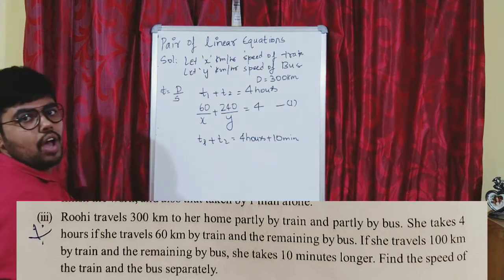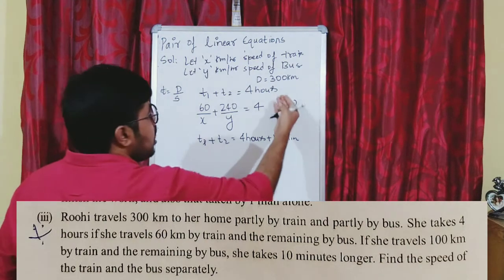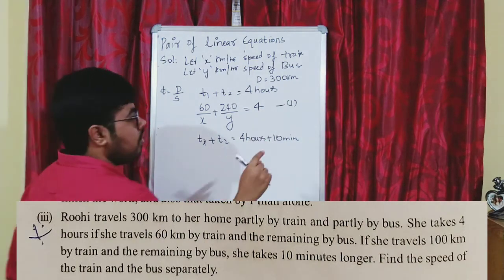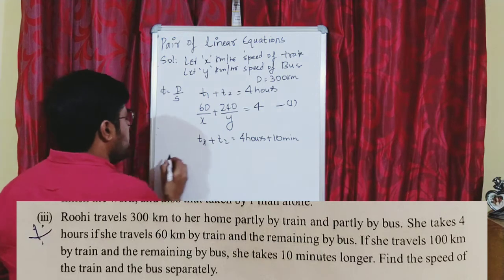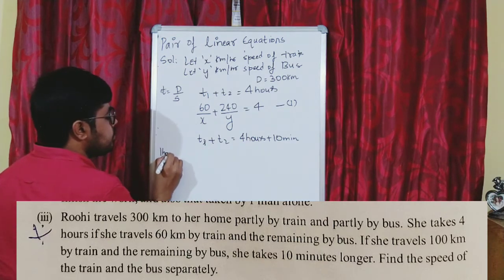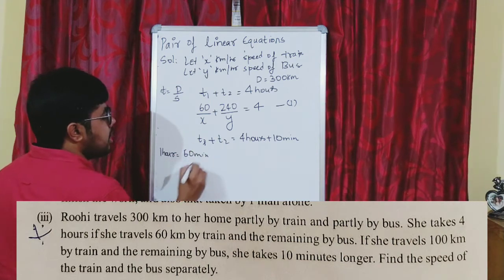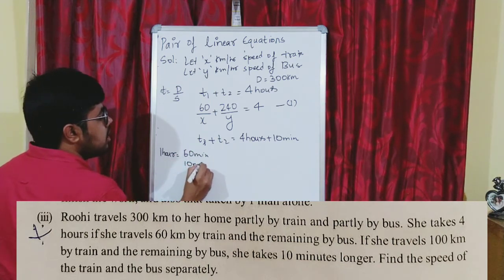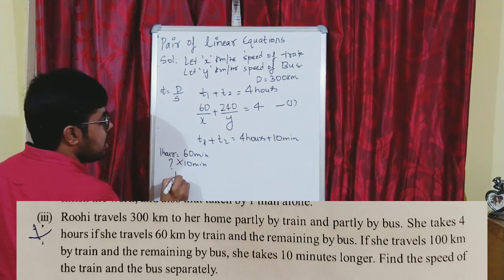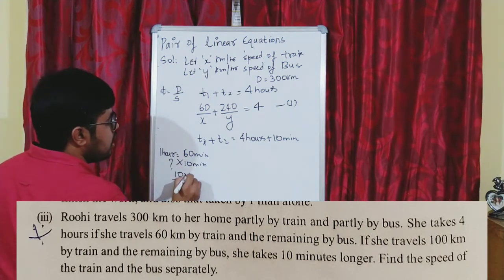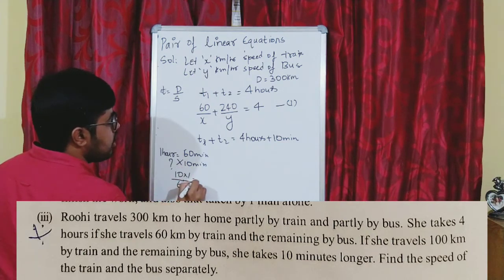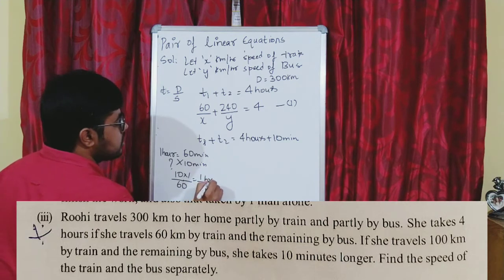Convert it into hours and then add. Now we know that 1 hour is equal to 60 minutes. Let us convert the 10 minutes: 10 into 1 divided by 60, therefore 1 by 6 hours.